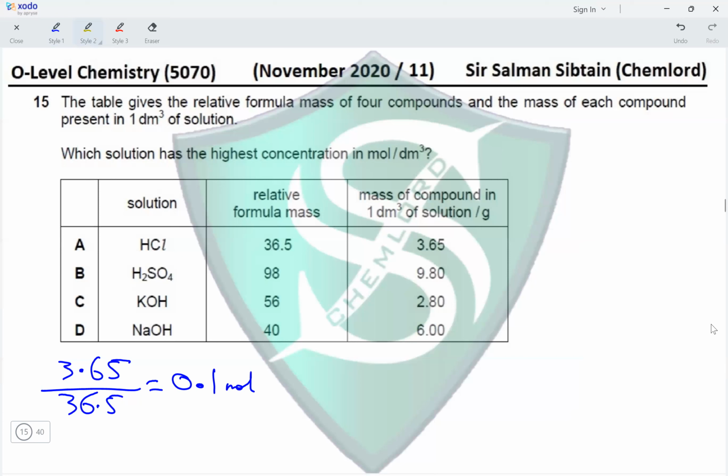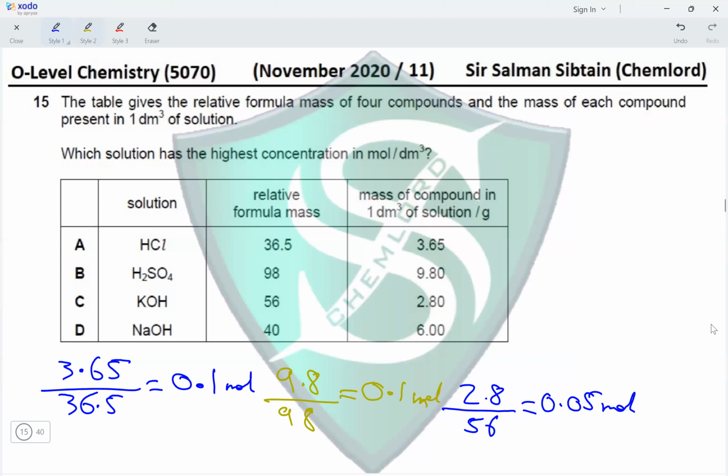For the second one, we divide 9.8 by 98, again giving us a value of 0.1 moles. Next, we divide 2.8 grams of C by 56. This gives us a value of 0.05 moles.